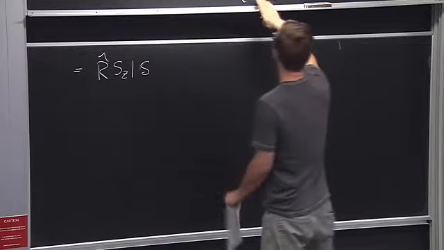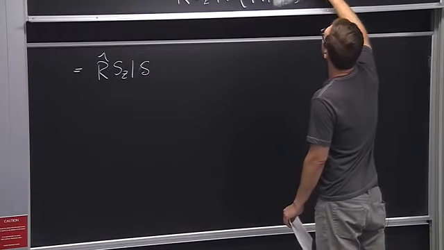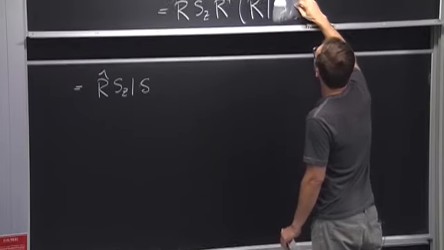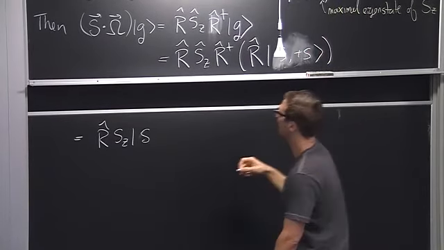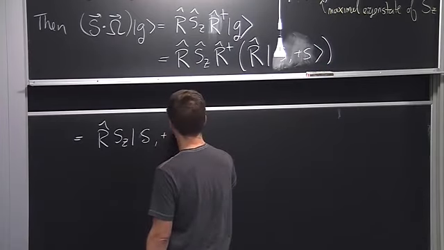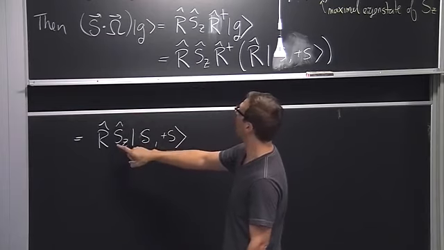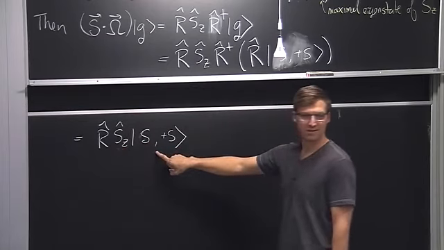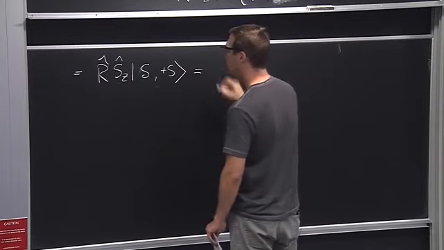So this should be not G anymore, right? This is what I'm calling S plus S. So I have S plus S. Right. And I can operate with SZ on this ket to just pull out that maximal eigenvalue.